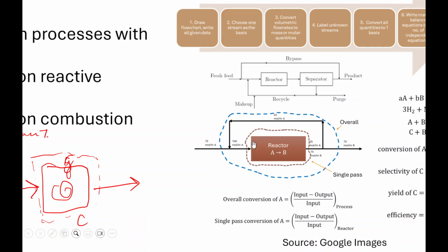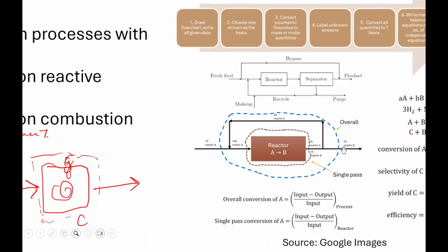If you consider only this reactor, this is called single pass conversion, because there is no recycle stream being considered here, only a single pass of the feed. So again, whatever is input minus whatever is output, upon whatever is input.